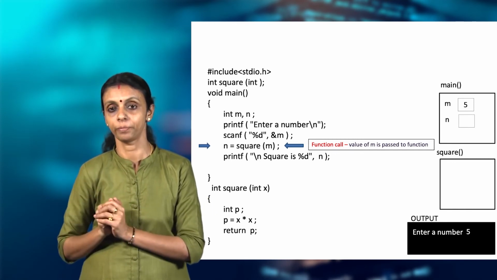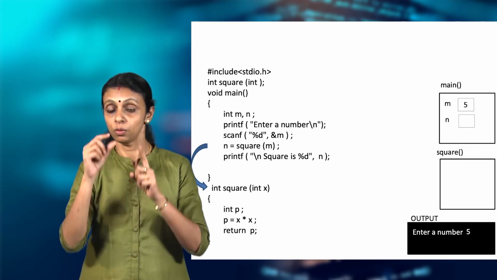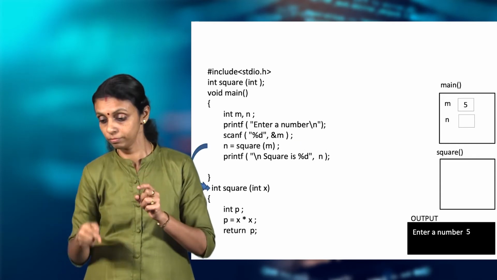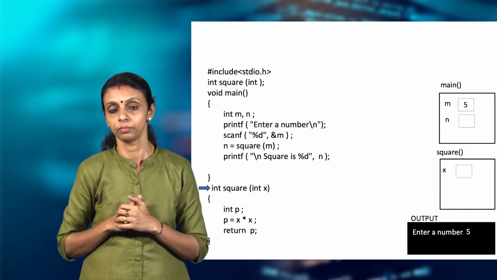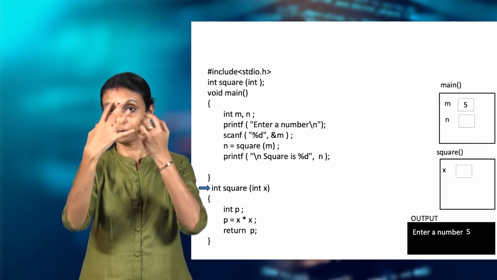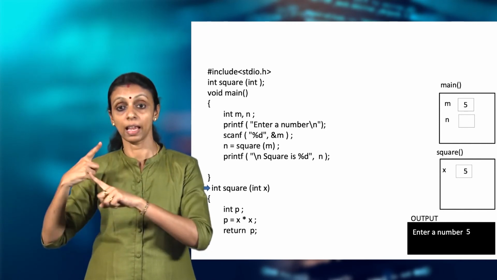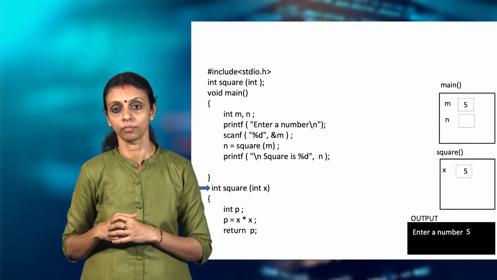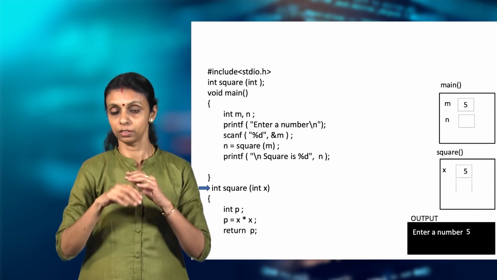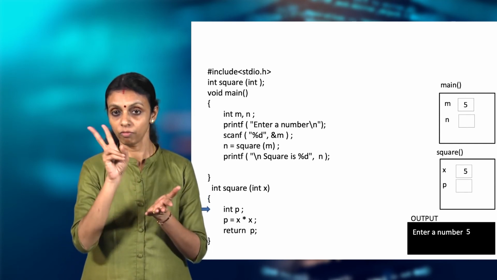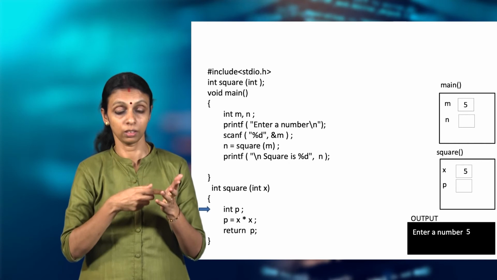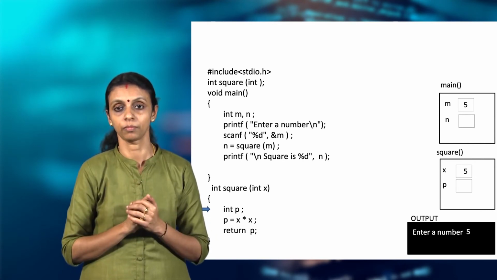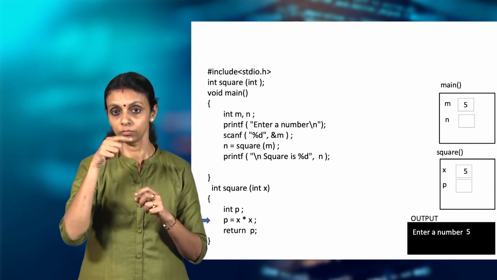Program control gets transferred to function. Copy value of m to x. Declares an integer type variable p. Finds square of x and stores it in p.